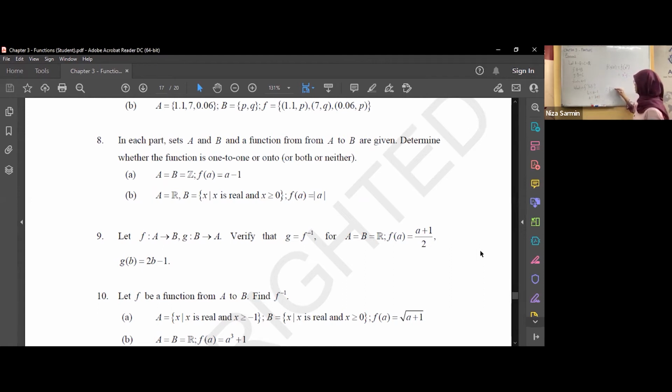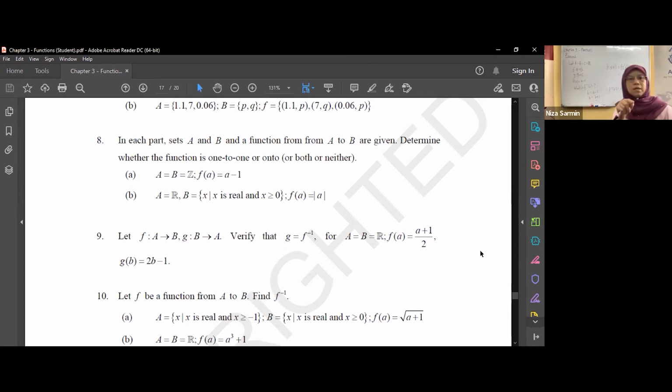So f inverse of a is a plus 1. This is how you find the inverse of a function. You write f of a equals a minus 1 as equal to b, and you solve for a. And then you replace.